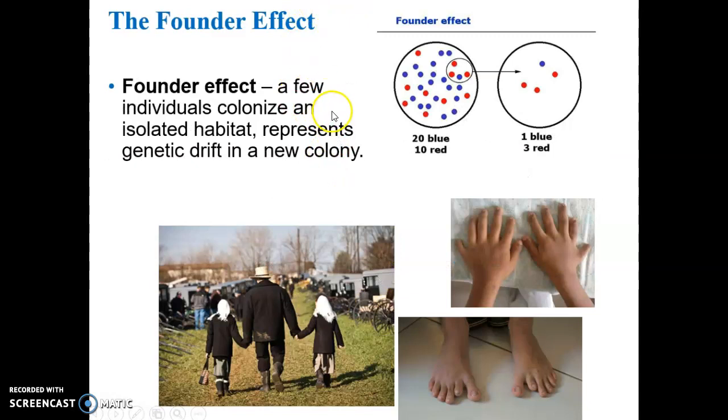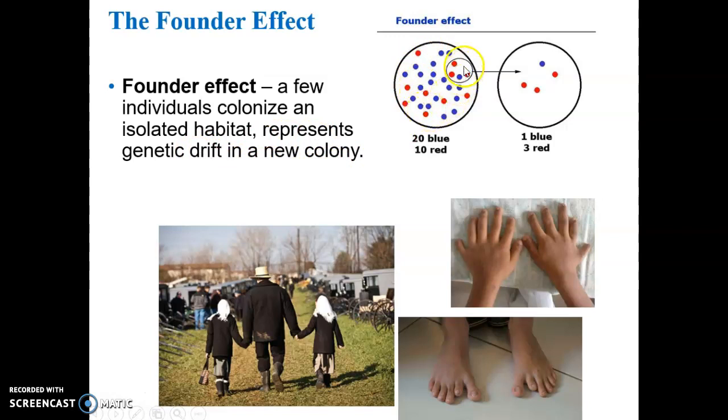Okay, so the founder effect is another type of genetic drift event, where a few individuals colonize an isolated habitat and represents genetic drift in a new colony.